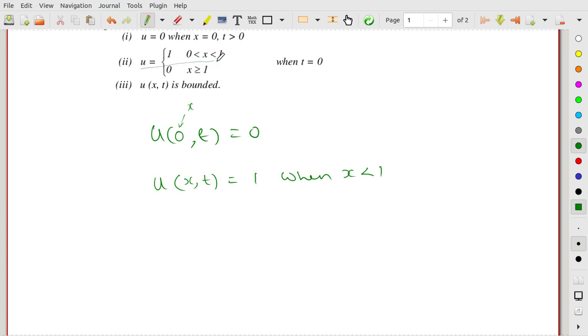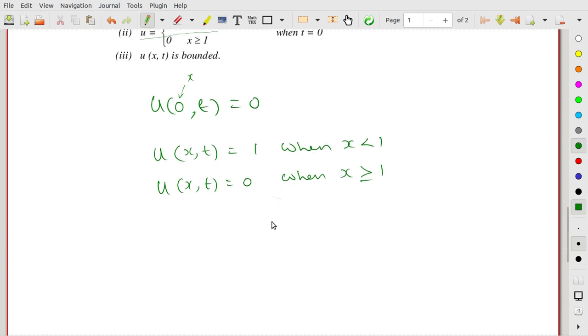So this is the first condition. And u of x comma t equals 0 when x is greater than or equal to 1. So these are the conditions we will need when we are solving this equation using Fourier transform.